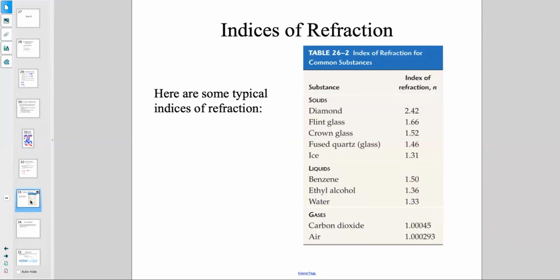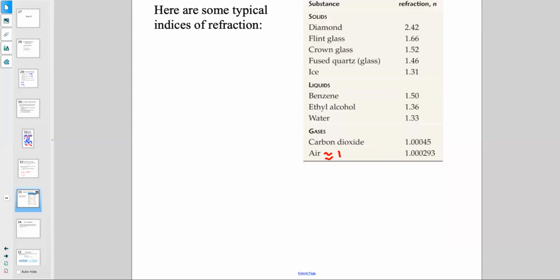For example, for air, it is a very, very small number, so it's pretty close to 1. So that's why we usually say the speed of light in the air, which is c over n for the air, is c over 1, which is c, or 3 times 10 to the power of 8 meters per second.